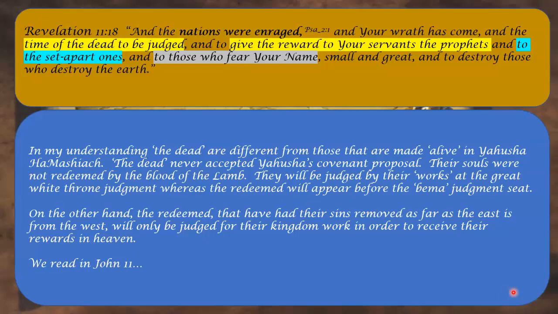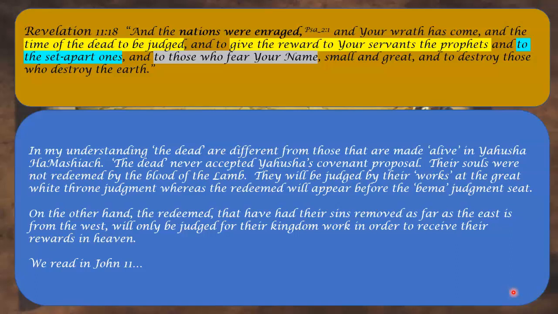On the other hand, the redeemed that have had their sins removed as far as the east is from the west, our sins have been removed. We are washed by the blood of the Lamb. We have spotless garments, not because of our own perfection, but because of his righteous blood.